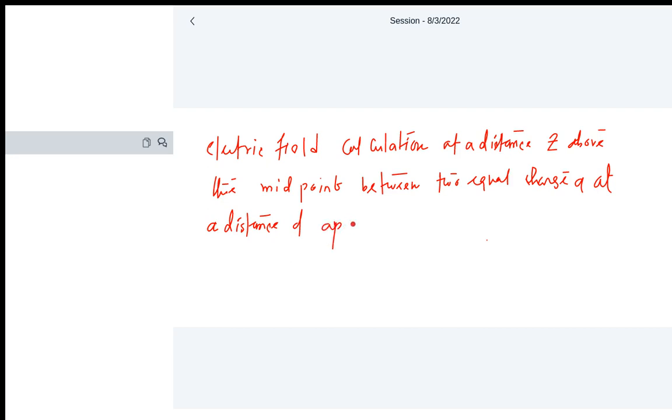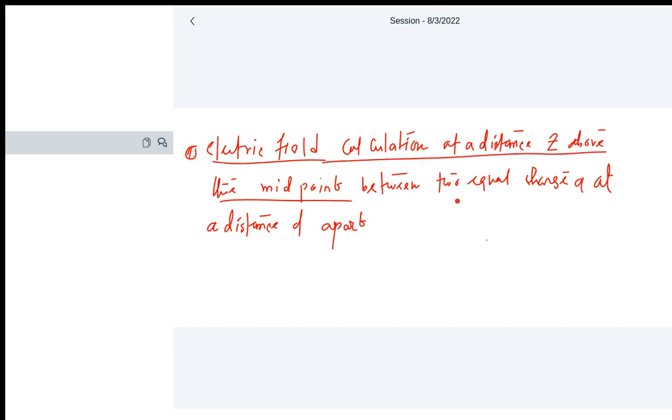Okay. Here two equal charges are at a distance d apart, and at a distance z above the midpoint, find out the electric field. So this is our problem.